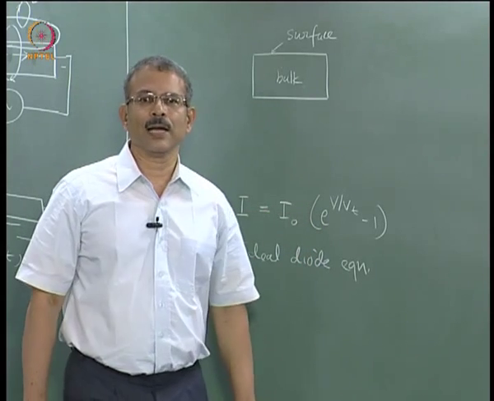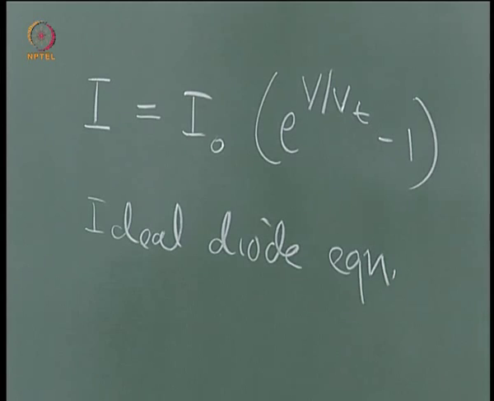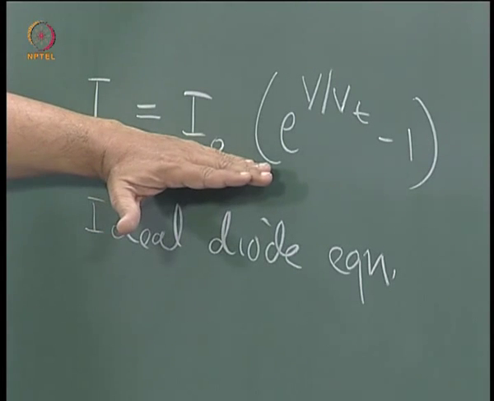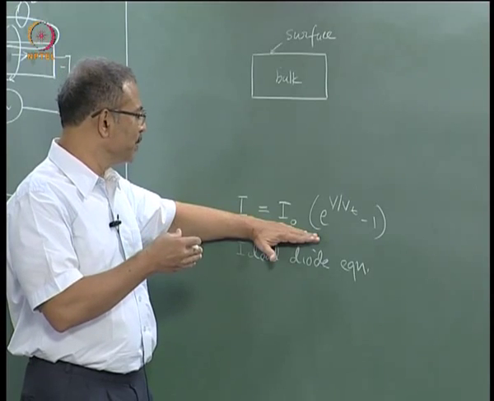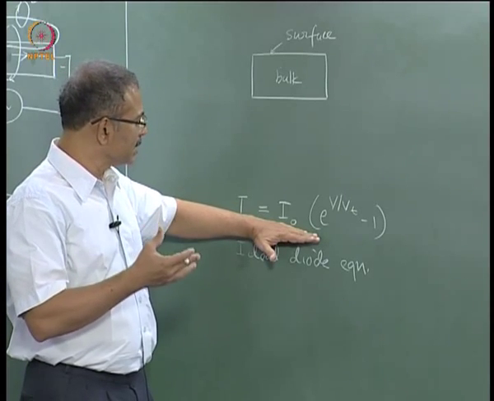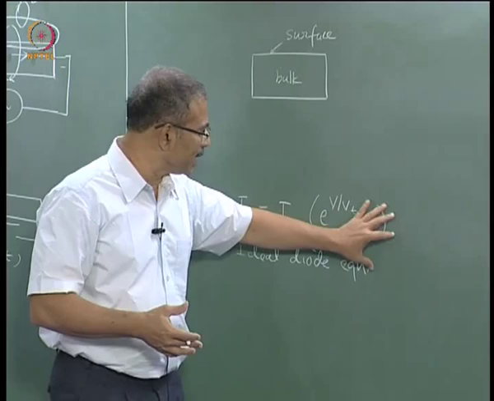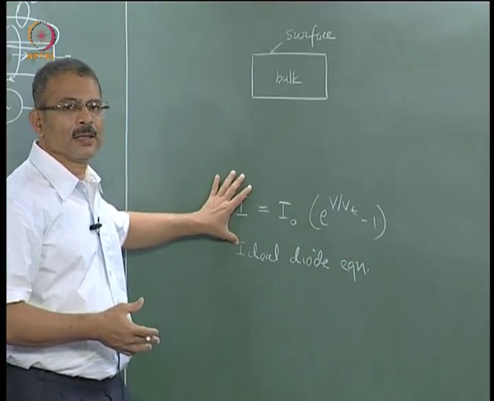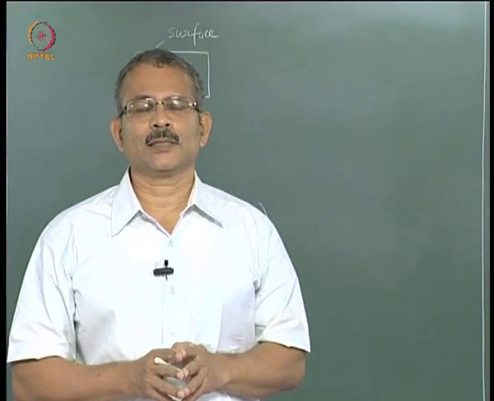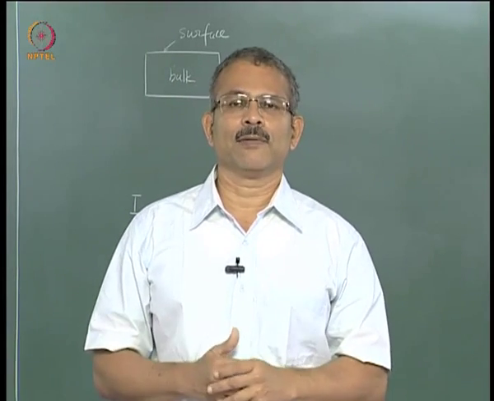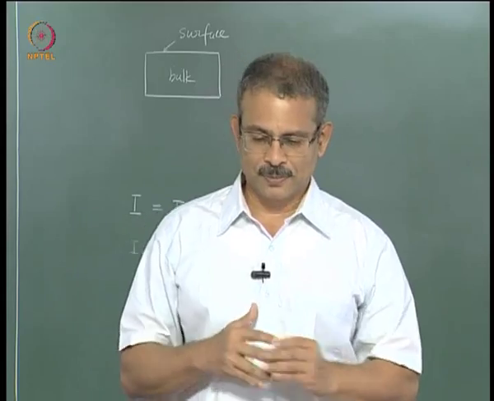So what we are saying is, instead of using a simple model like this and trying to solve it accurately to get more accuracy, to get accurate results we must incorporate as many phenomena as possible which occur in a real diode in this equation. Then that model is accurate.